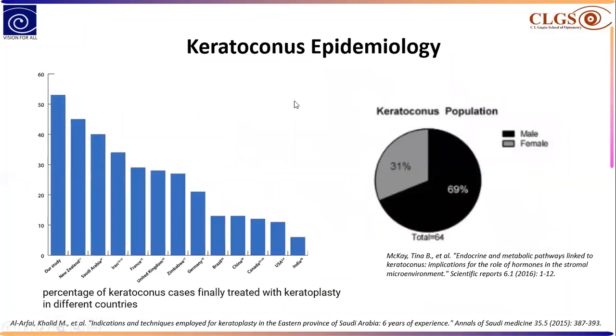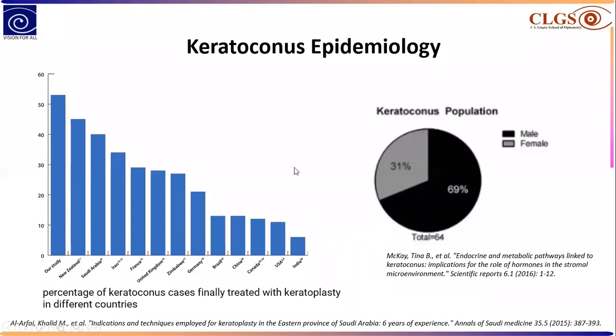Again, going back to the epidemiology, these are the reasons for which a person goes for corneal transplant. In India, the number of people who go for corneal transplant because of keratoconus is still very less. But if you see the chart, in developed countries like New Zealand, or this study basically done in the UK, the main reason for corneal transplant is keratoconus.